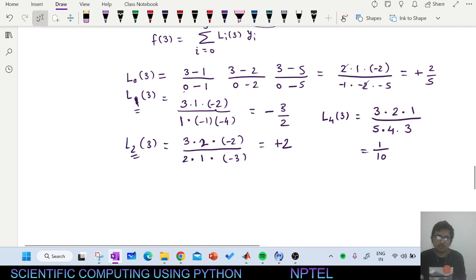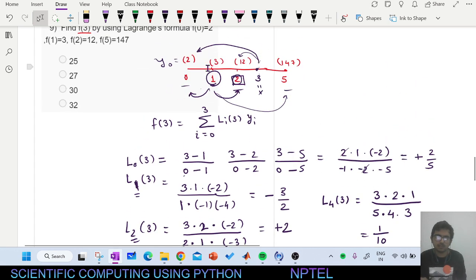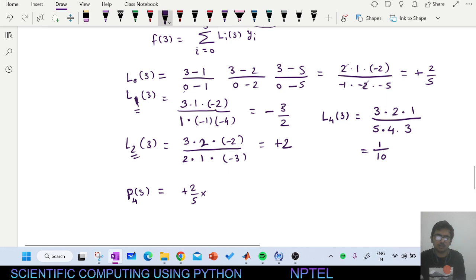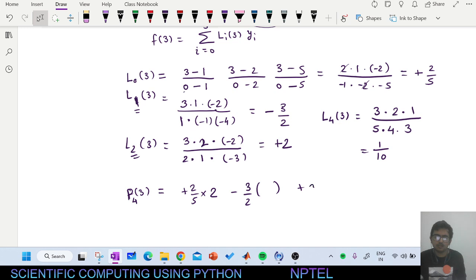So now our answer f of 3, or how do we write, P3 of 3, is sum over Li times Yi. So plus 2 by 5 times the value of Y0, which is 2, then minus 3 by 2 times the value of Y1, plus 2 times Y2, and plus 1 over 10 times Y3.